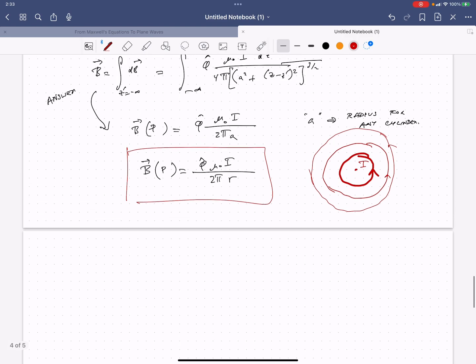Given that this is a symmetric situation, we could have also used Ampere's law, which would have made a much easier answer.